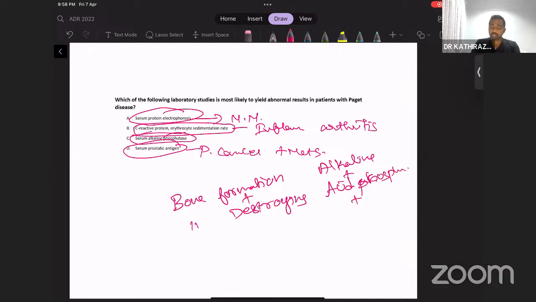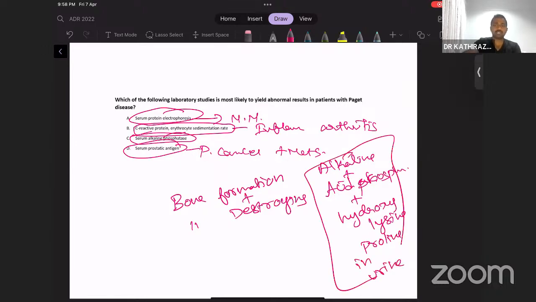You can also see hydroxylysine or hydroxyproline in urine, because it is bone forming and bone destroying. Even with a normal serum alkaline phosphatase, you can still have Paget's. But most often, serum alkaline phosphatase is elevated.